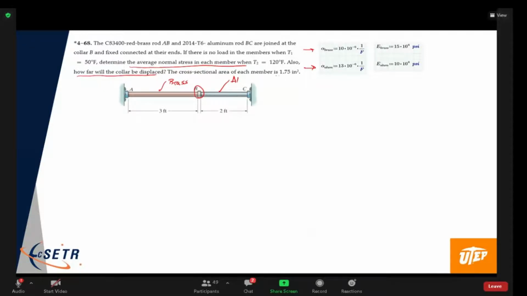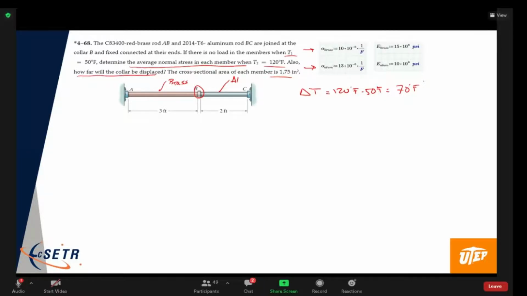So it gives me the cross-sectional area, the materials, and the initial temperature, T1, there's no stress, and then the final T. So the temperature change in this case is 120 F minus 50 F, and so that is 70 degrees Fahrenheit. That's the temperature change, okay?